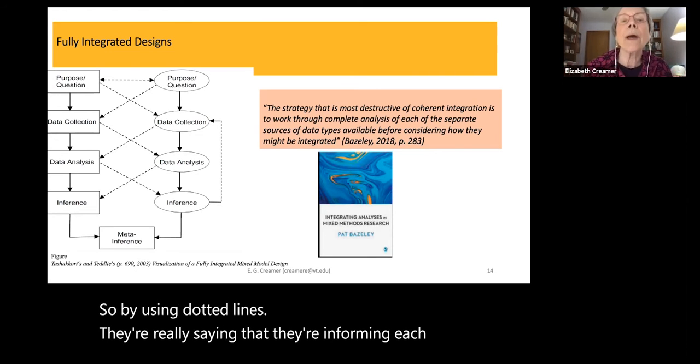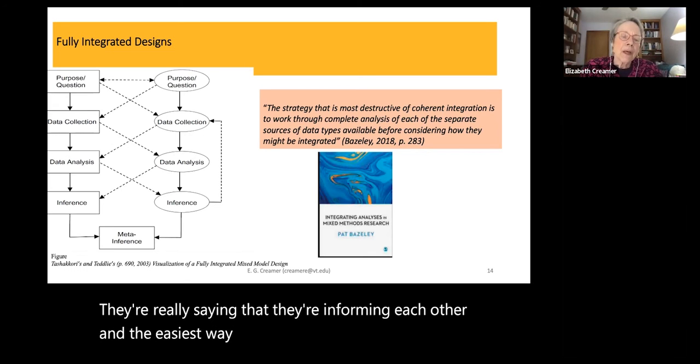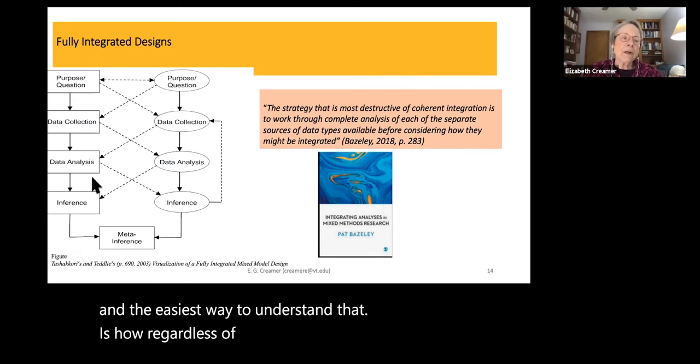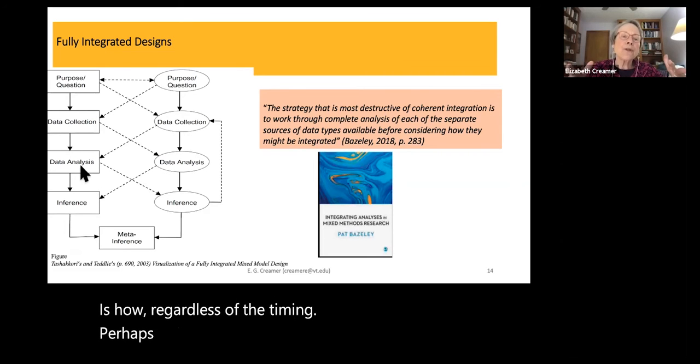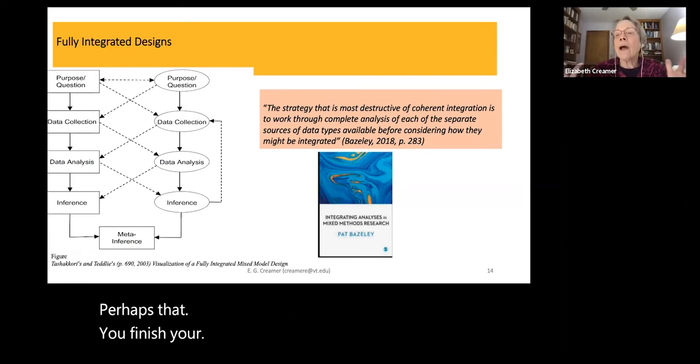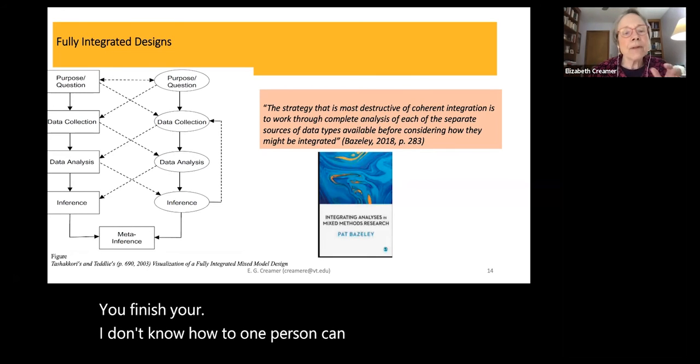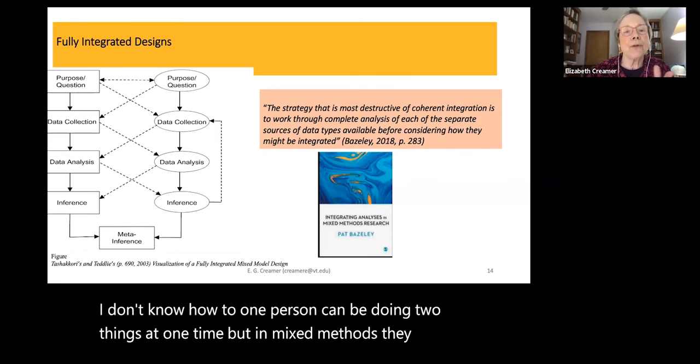The easiest way to understand that is how, regardless of the timing, perhaps you finish your, I don't know how one person can be doing two things at one time, but in mixed methods, they imagined that a person could do parallel.